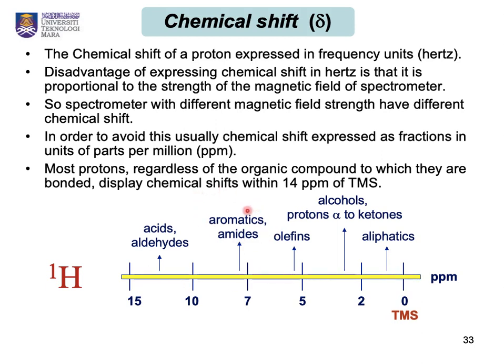Then acids and aldehydes generally lie in between 10 to 15. Later we will discuss more about the chemical shift and why these classes of compounds have different ppm values or different frequencies.